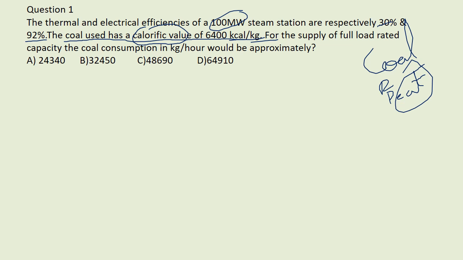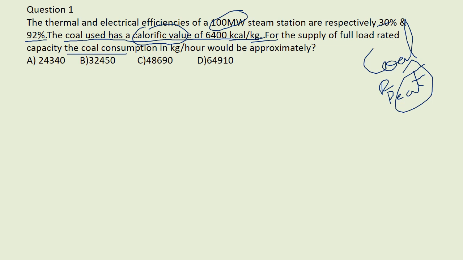Okay, so here the coal has a calorific value of 6400 kilocalorie, and for the full load rated capacity, what would be the approximate coal consumption in kg per hour? What you need to understand here is that they are asking for the coal consumption.